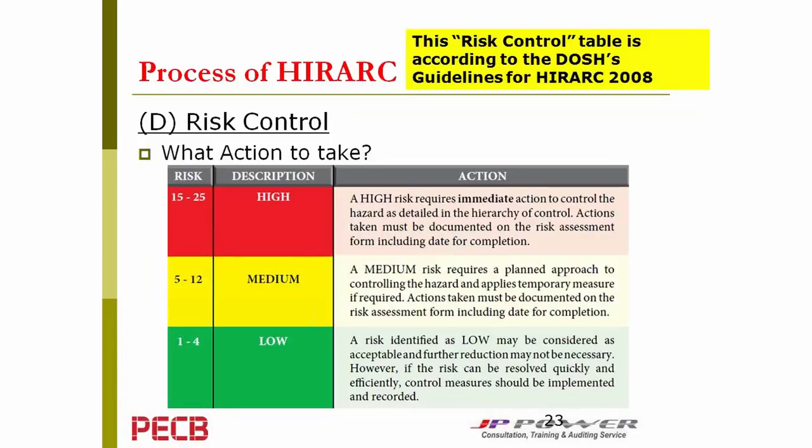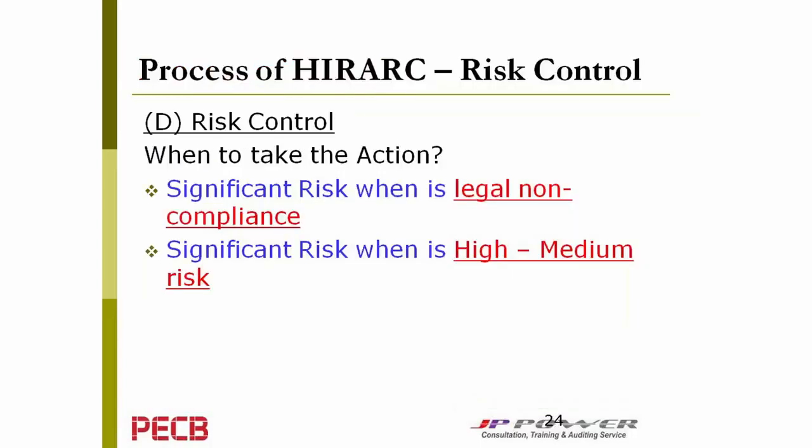Before we talk about the hierarchy of control, we need to understand that when a hazard occurs, and there's an action or activity in the company which is causing a legal non-compliance, we will consider that activity as having significant risk.